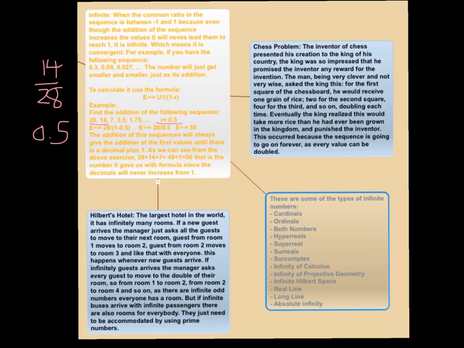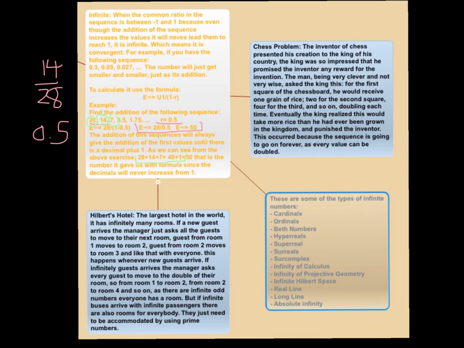So the addition of this sequence will always give the first value plus a decimal. As we can see from the exercise above, 28, the first value, plus 14 plus 7 gives us 49. And if we add 1, it gives us 50, which was the answer we got using the formula.